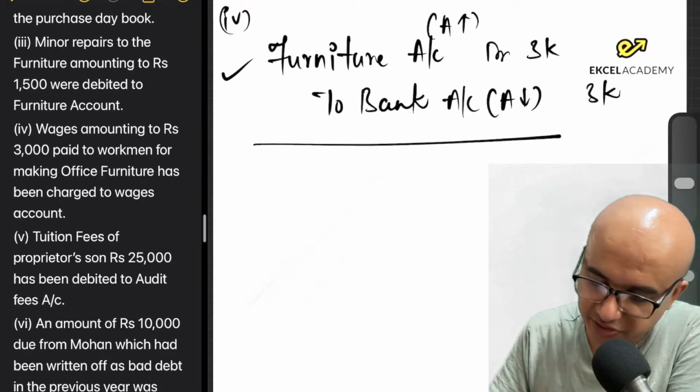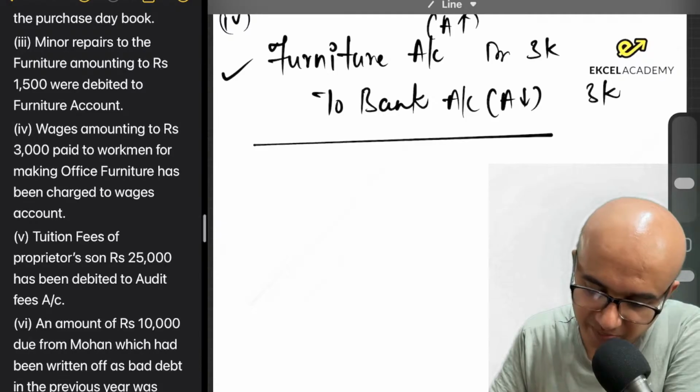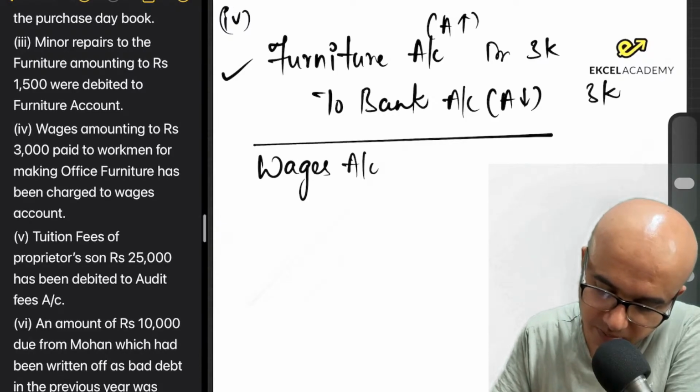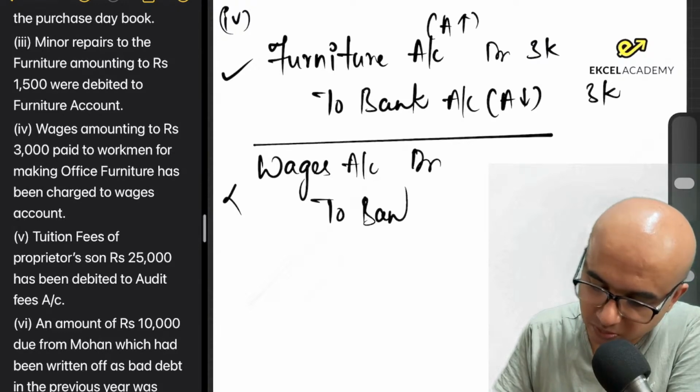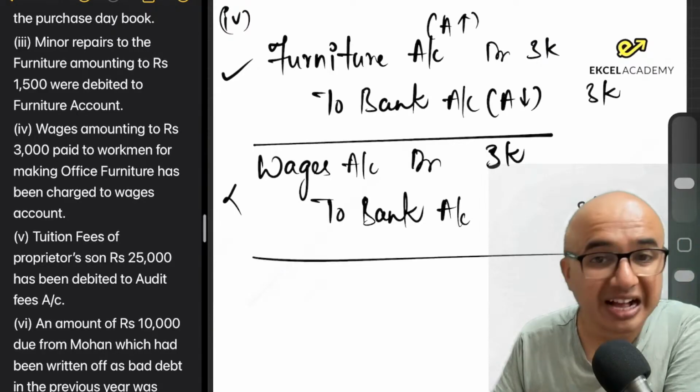The correct entry which they should have passed. But what did they do? They passed an incorrect entry wherein they debited wages account. They debited the expense account instead of the asset account.